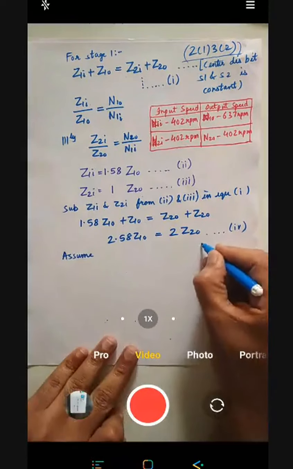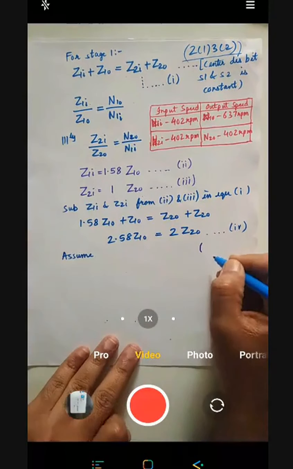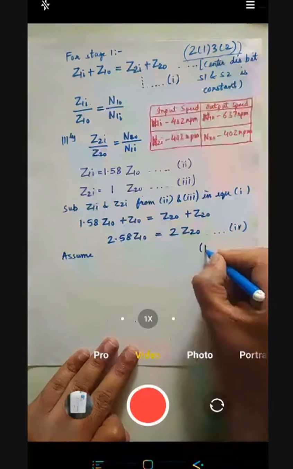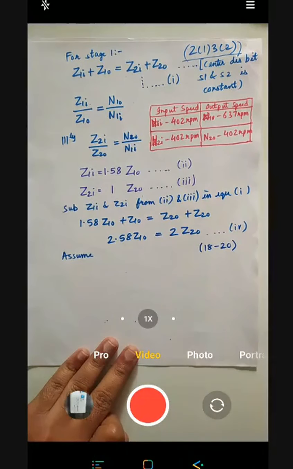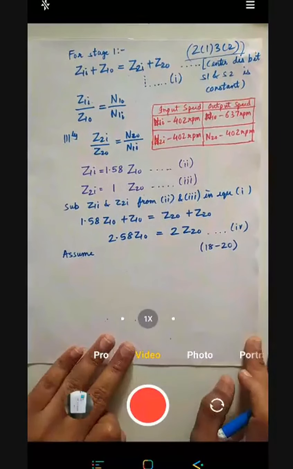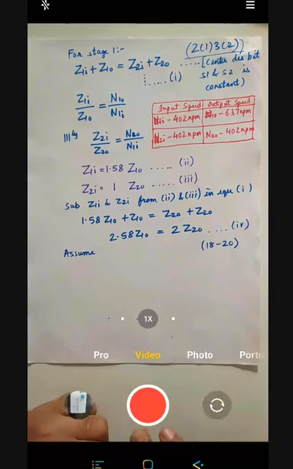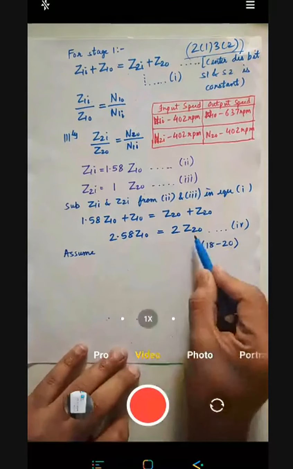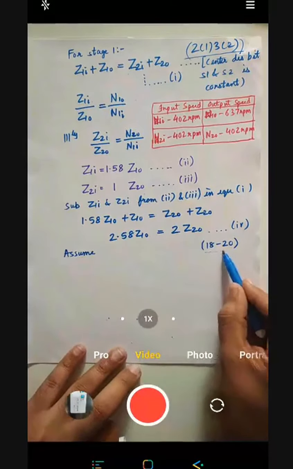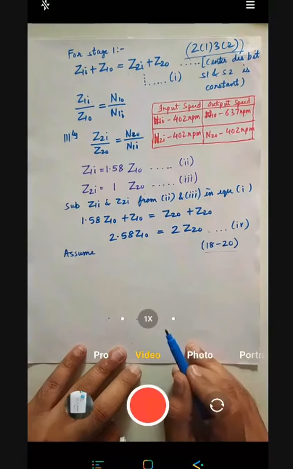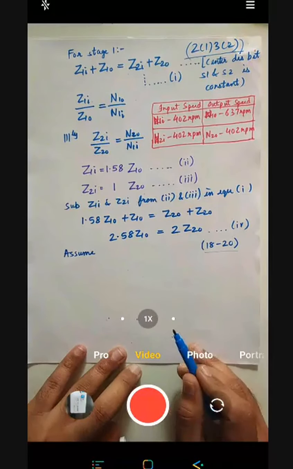That minimum number has a range of 18 to 20. Right? Now we need to decide for which one we will select this minimum number of teeth. For which one will we take the minimum number of teeth? Listen carefully.